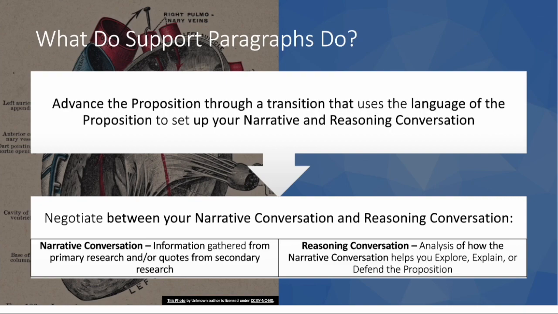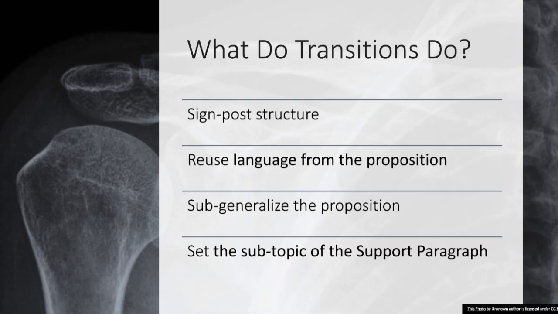So narrative conversation, that's where you deliver your research, whether it's quotes from secondary sources or information you've gathered from primary sources. And reasoning conversation is where you explain why that's in the paper and what you want to do with it in terms of advancing your proposition or your thesis.